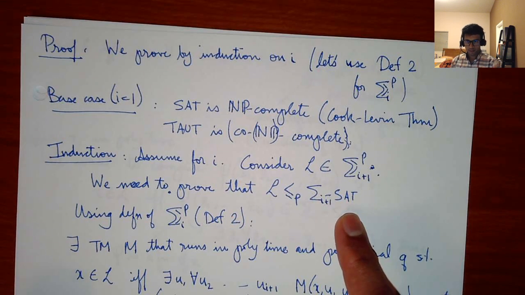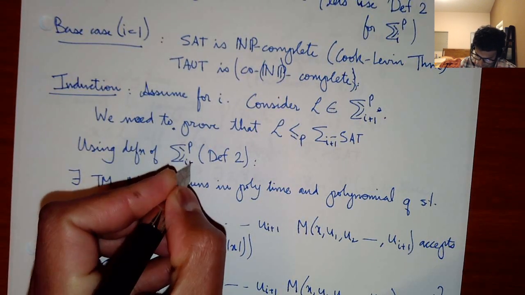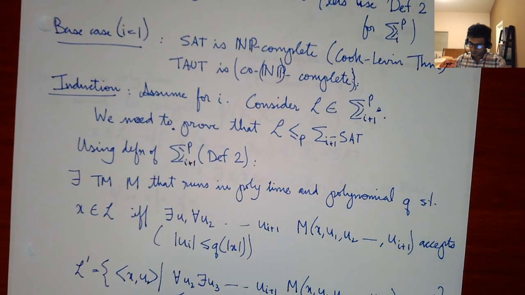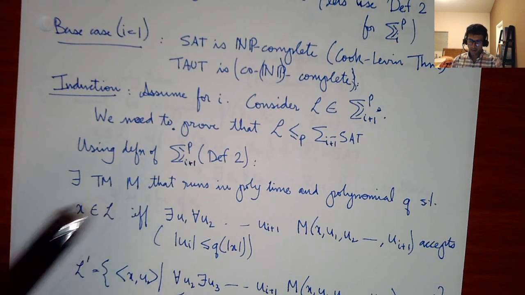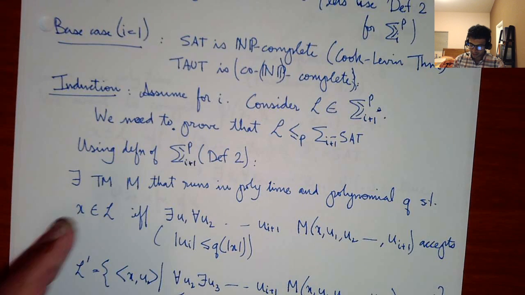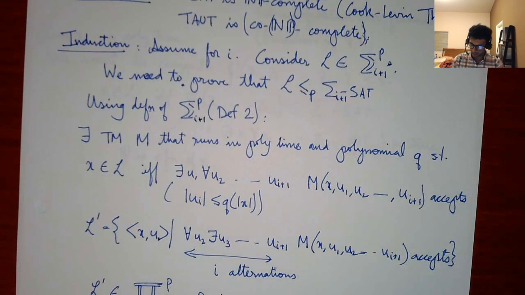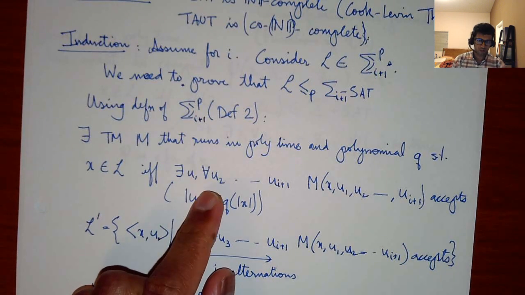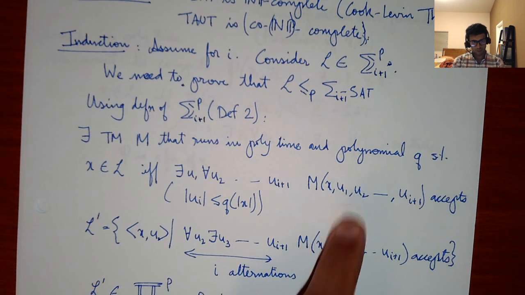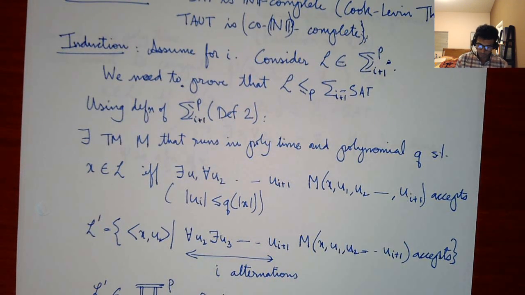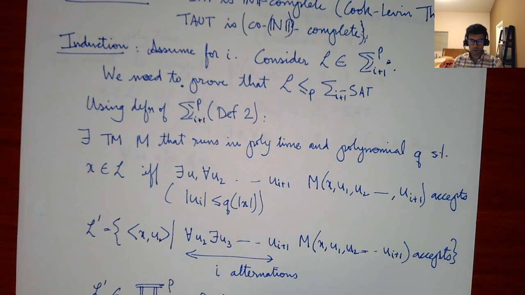Now using the definition of sigma I plus 1, we know that there exists a Turing machine M that runs in polynomial time, and there exists a polynomial q such that x is in L if and only if there exists a u1 such that for all u2, so on and so forth, up to u I plus 1, such that M(x, u1, u2, up to u I plus 1), those are all the inputs to the machine M, this machine accepts, and each ui has at most polynomial size.